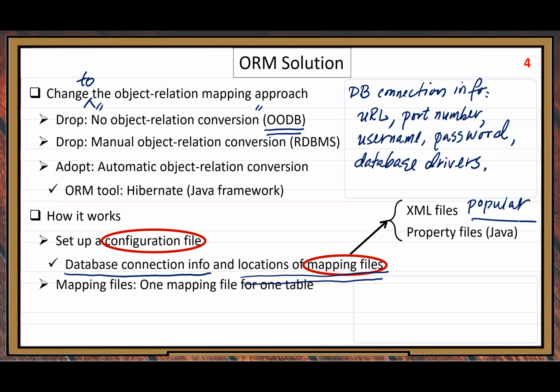In the mapping files, we need to do this: one mapping file for one table. One mapping file serves one object, and one object corresponds to one table, a one-to-one correspondence. Do the mapping in the mapping files.